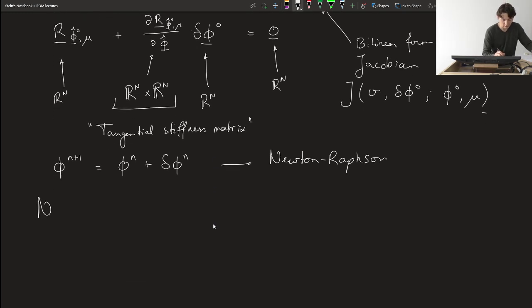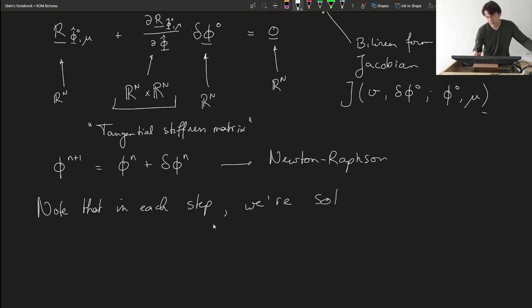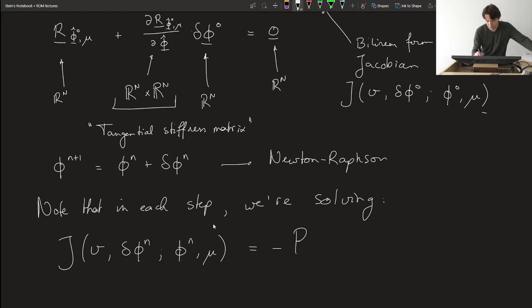So note that in each step we are solving J v increment n, where the Jacobian is evaluated at phi n and our material point or parameter point mu, equal to minus the residual, which was a linear function with respect to v, also evaluated at phi n and our parameter point mu.